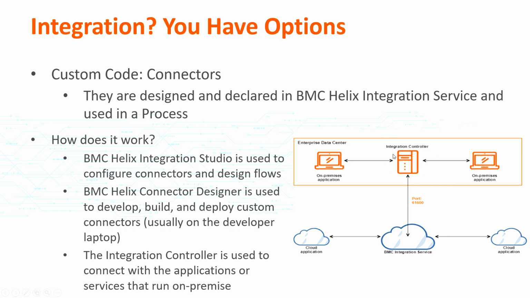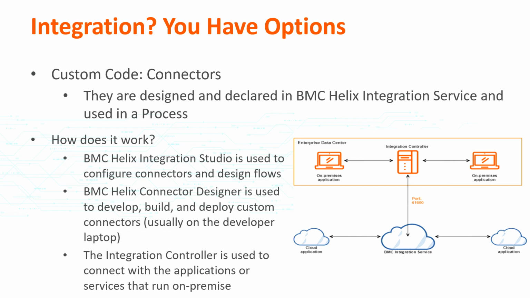So let's say that, for example, you want to get data from your Active Directory, from your ITSM, from your Jira system, and everything is inside your network. If we wanted to connect directly from the cloud, from the BMC Helix platform, to your Active Directory, ITSM, or Jira, you would have to ask your security team to open ports, the necessary ports for each and every application, and that might be difficult.